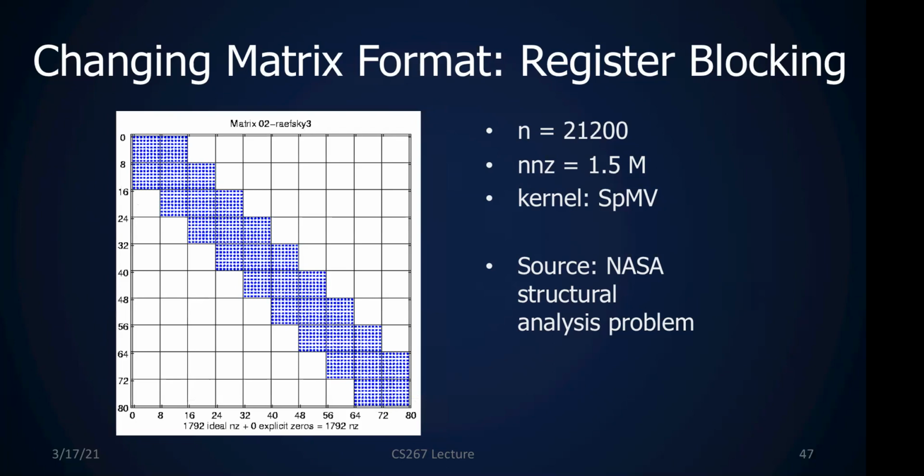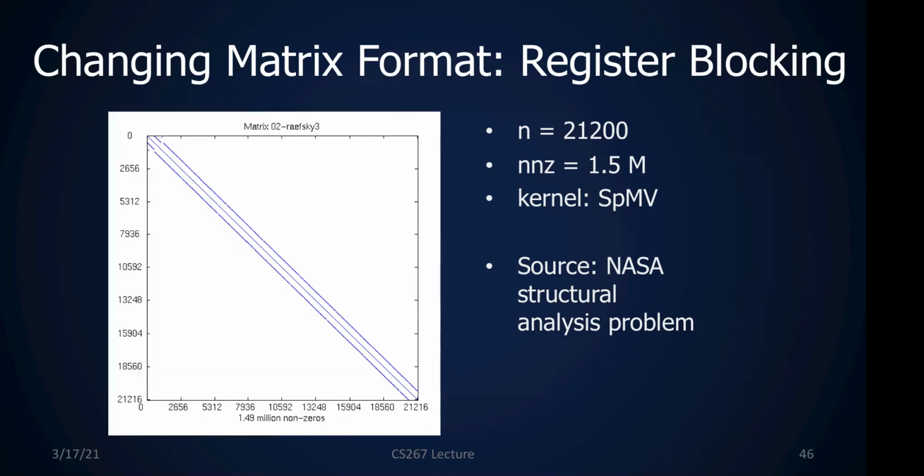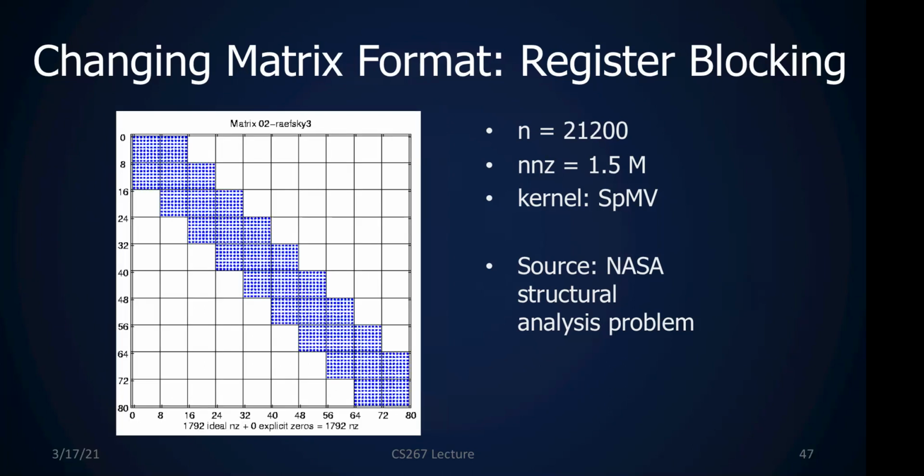So this is a structural analysis problem, and it has an 8x8 dense matrix substructure to it. You can see from the previous picture that these matrices are not all on the diagonal, but there is a sort of tri-diagonal structure, if you will, and each one of those is actually a set of blocks. So this is blowing up one of those diagonal structures. This gives you a hint that you might want to use something like an 8x8 register block format.